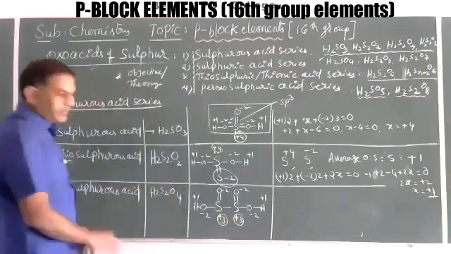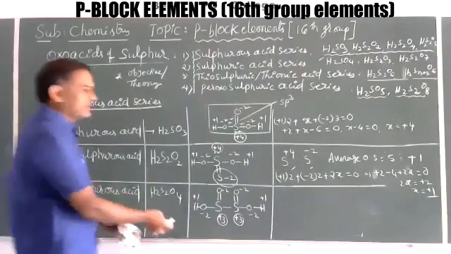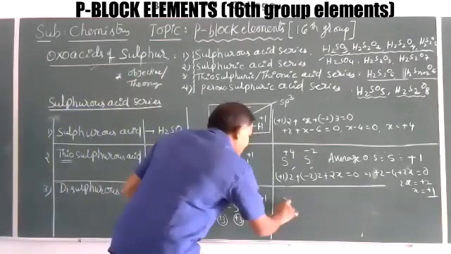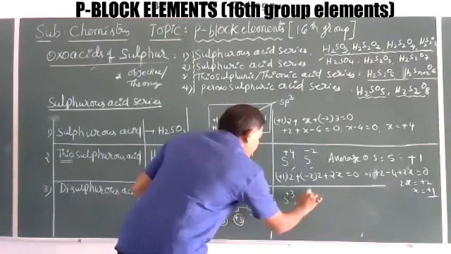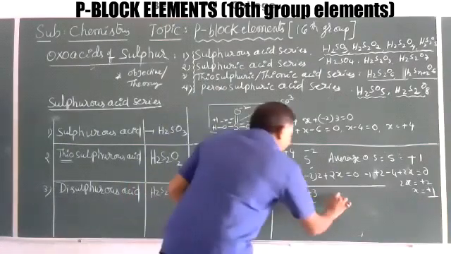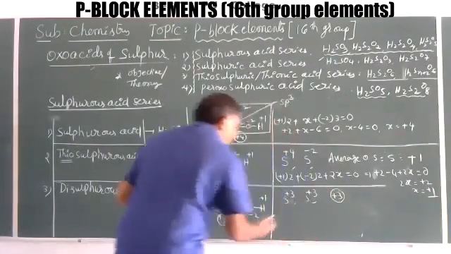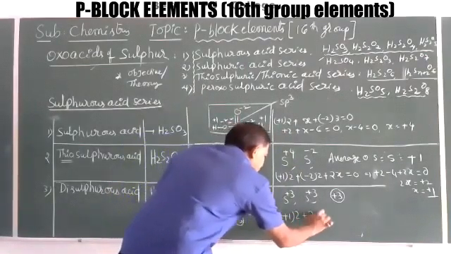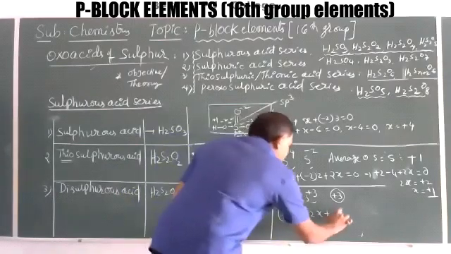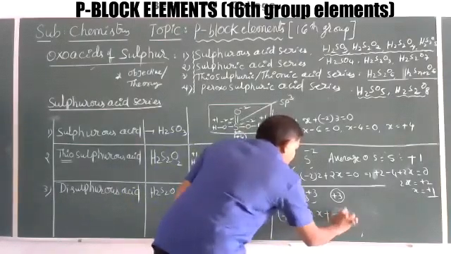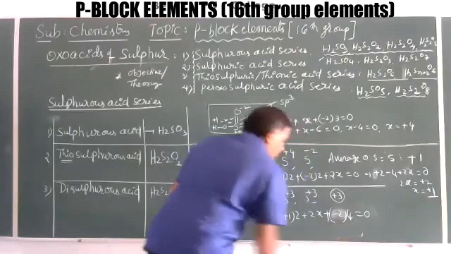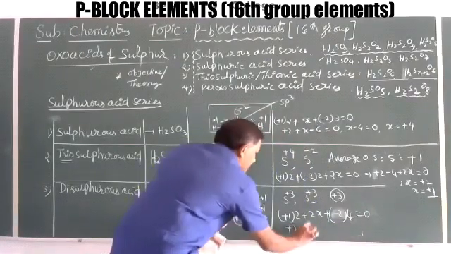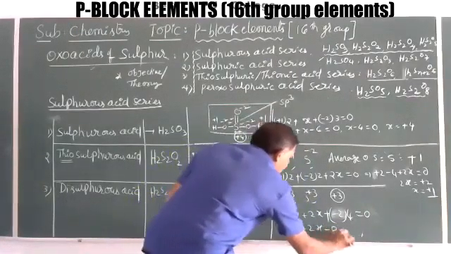So each oxidation state is plus 3, or the average is also plus 3. Plus 3 and plus 3, or your direct answer is plus 3 only. We can take it as plus 1 into 2 hydrogen atoms, and 2 sulfur, plus minus 2 into 4 is equal to 0. That is plus 2 plus 2x minus 8 equal to 0.